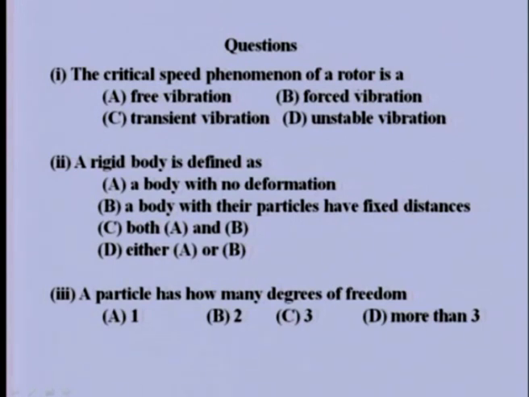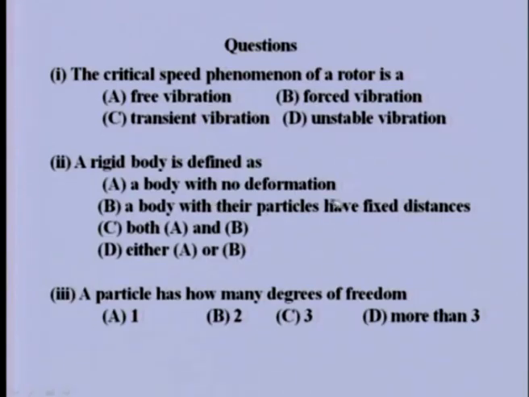Now, let us see a rigid body. How do we define a rigid body? I have given two options: a body with no deformation. That is one of the correct answers. Then also, a body whose particles have fixed distance.